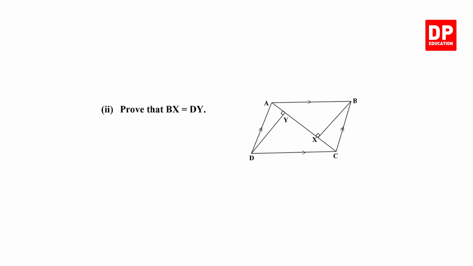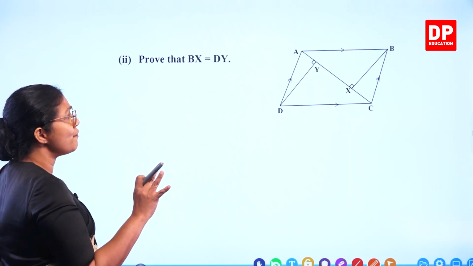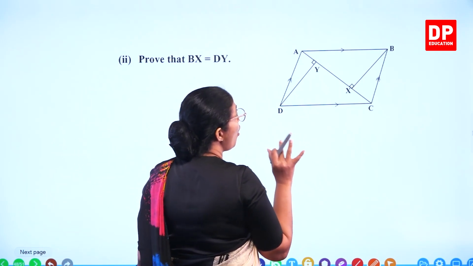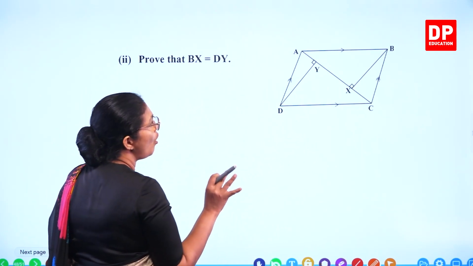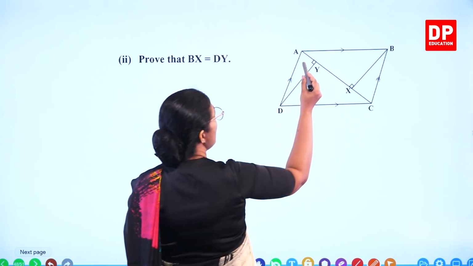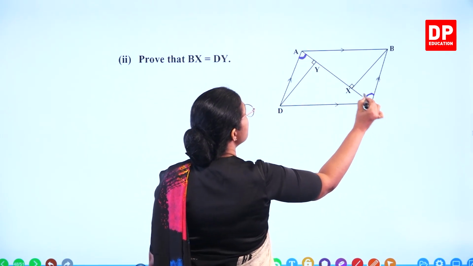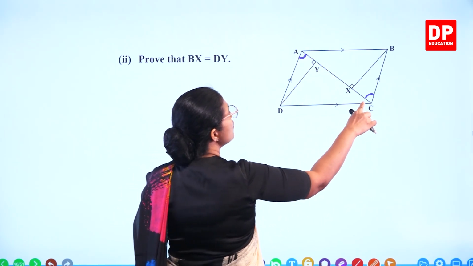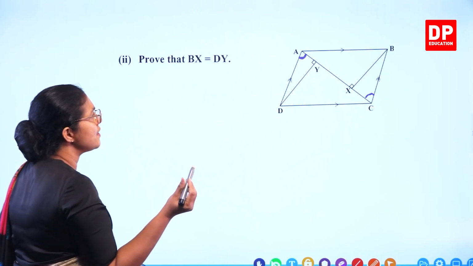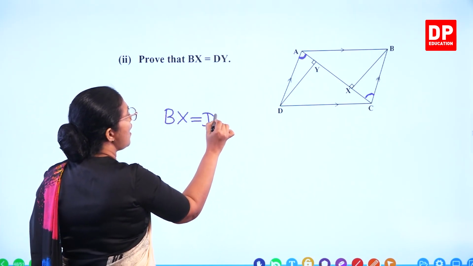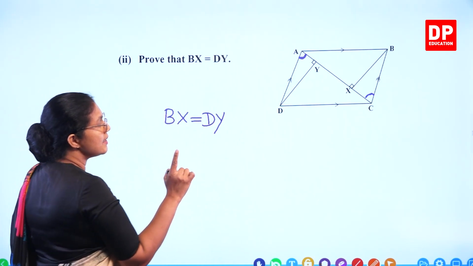Prove that BX is equal to DY. So from the previous part, we already found the 2 triangles are congruent. The corresponding elements of congruent triangles are equal. If you take this angle, opposite to this angle is DY. Opposite to this angle is BX. So straight away you can write BX is equal to DY. What's the reason?